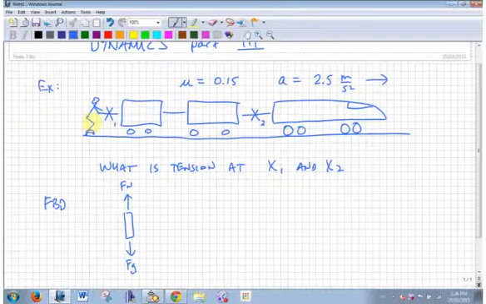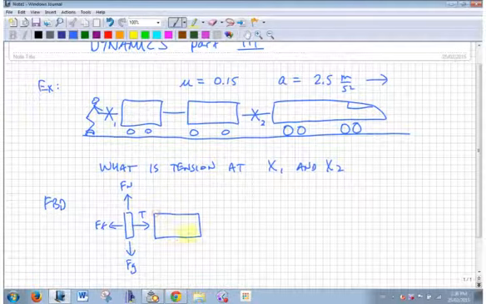Is there any other force on the guy? You bet, friction. It always opposes the motion. And I have this tension x1 here. Then I also have this car, which has weight and a normal force, and this tension. But what do I know about these two tensions?